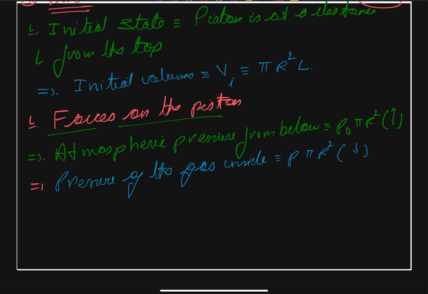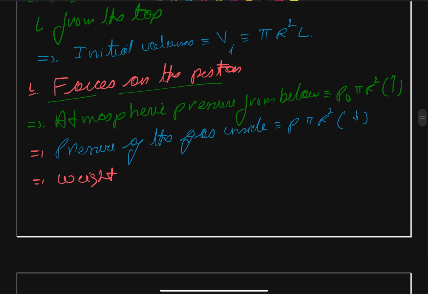And next will be the weight of the piston, which is our mg, and it will also be in downward direction.